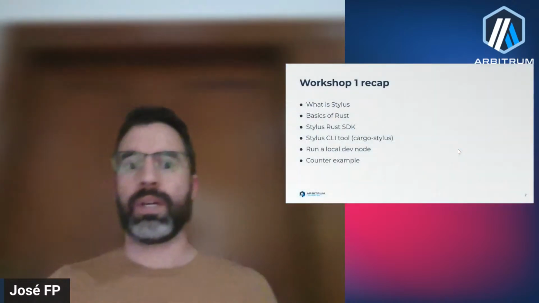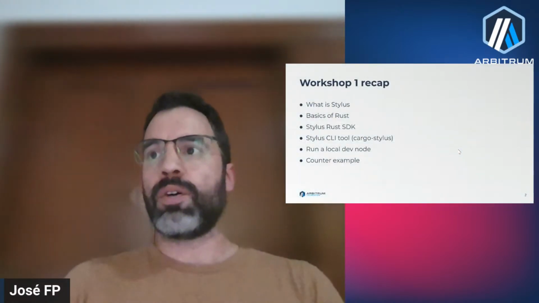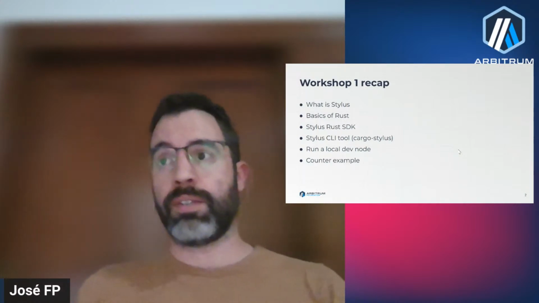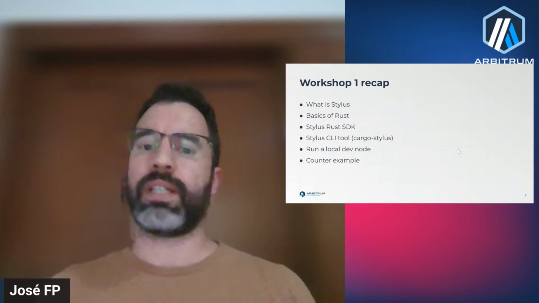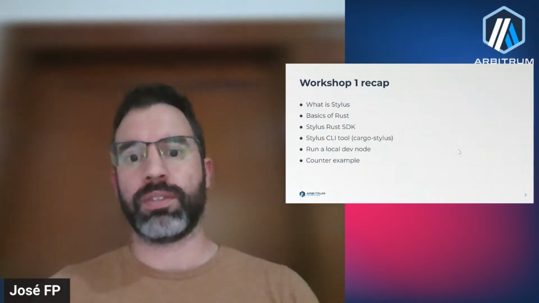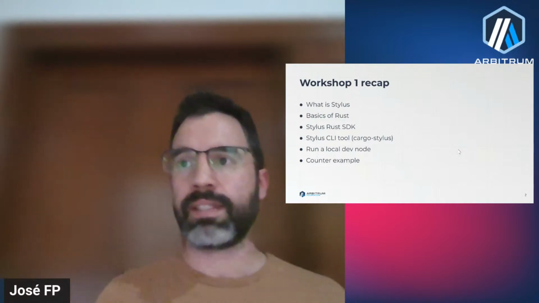But first of all, let's do a bit of a recap of what we saw yesterday. So yesterday we started talking about what Stylus is. We explained a bit what it is. Remember that it is a new technology that allows us to write smart contracts on Arbitrum chains using languages like Rust, C, or C++.